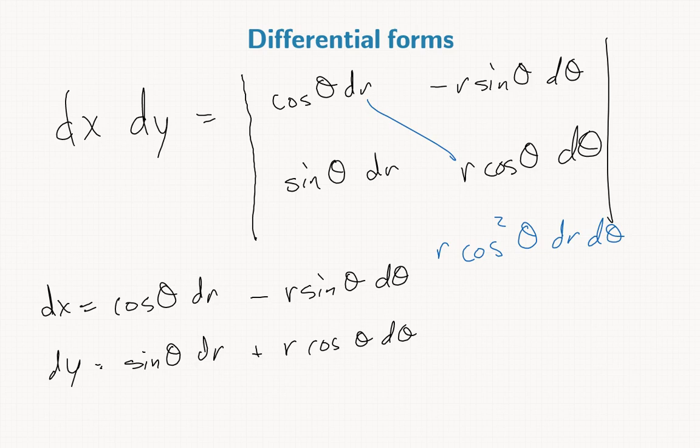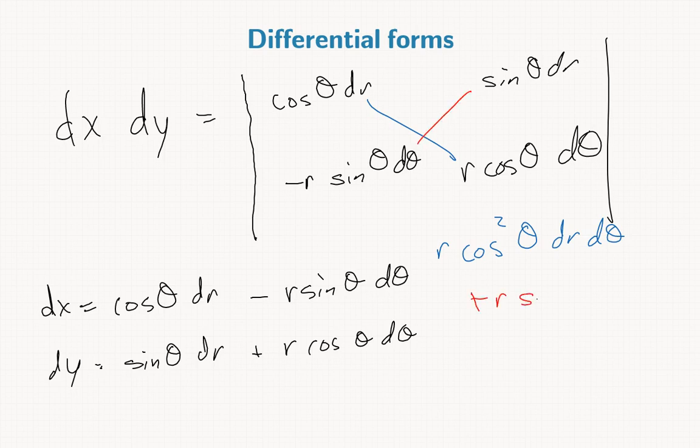Oh, I'm sorry, these two should be swapped. So we should have negative r sin theta d theta and sin theta dr here. So then this will give us plus r sin squared theta dr d theta. So the first column is dx and the second column is dy.